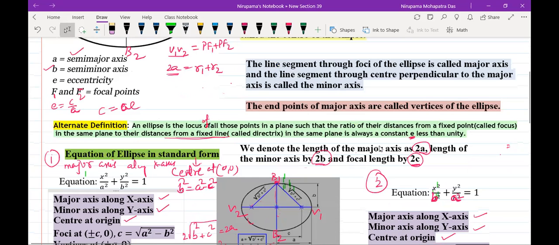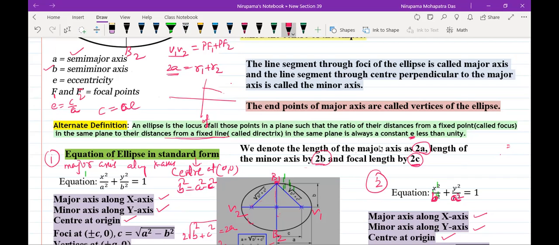Now I was talking about one more definition. The alternate definition of an ellipse is: an ellipse is the locus of all those points in a plane such that the ratio of their distances from a fixed point, called the focus, to their distances from a fixed line, which we call the directrix, in the same plane is always a constant e less than unity. Let me show you what it means.